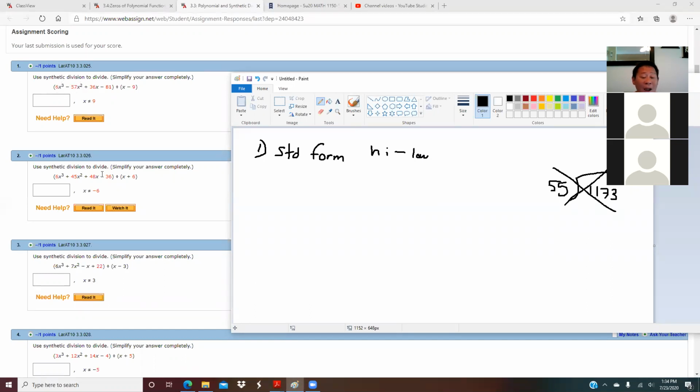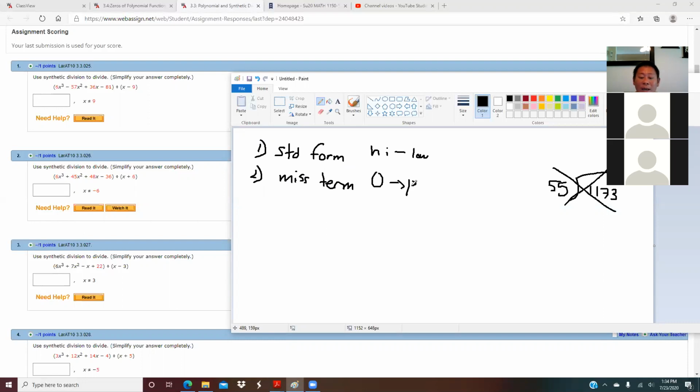If you do not have standard form, you have to rearrange it so your polynomial goes from high to low. And then second, make sure that if you have missing terms, you have to include 0 as a placeholder.